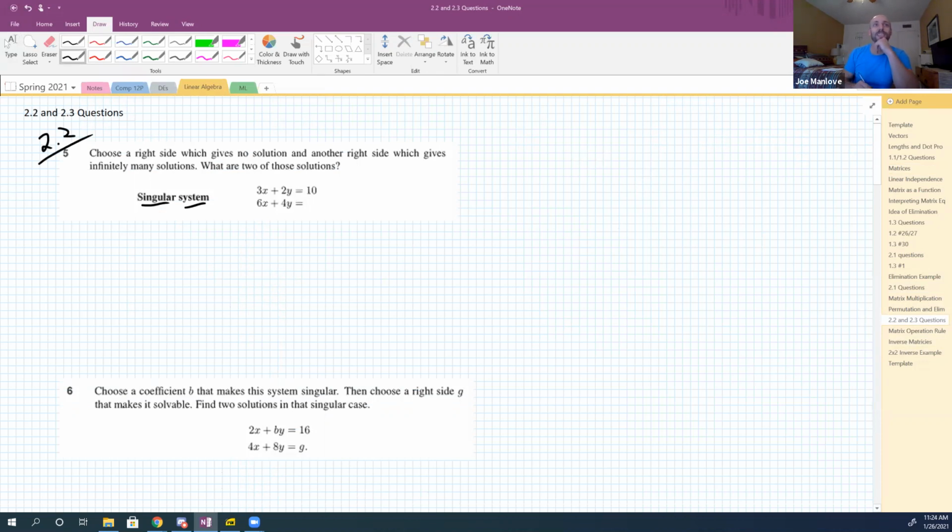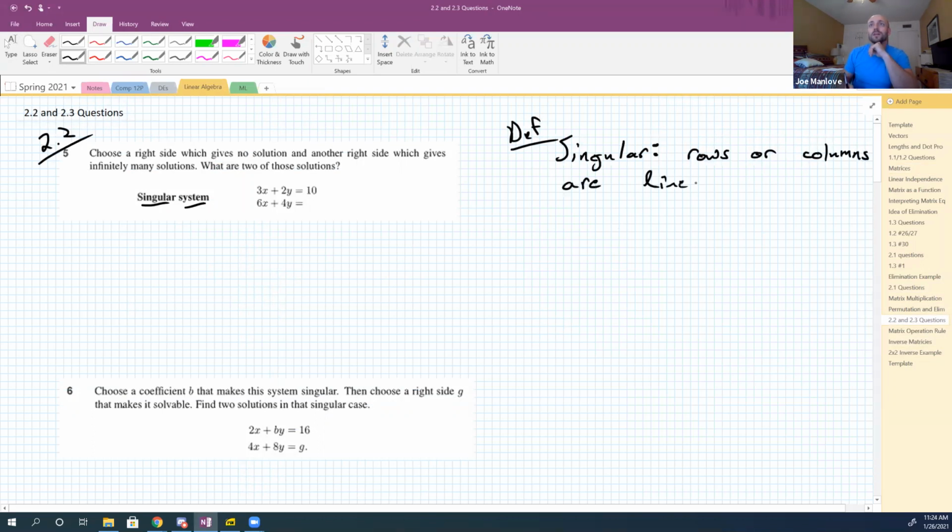So a singular system is one where the rows or columns are linearly dependent.